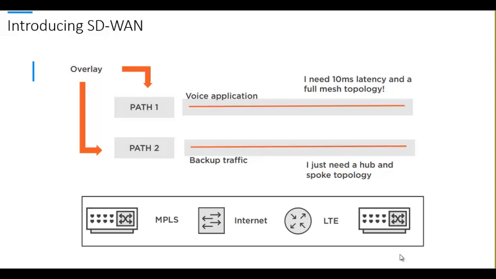So what we see in this picture is before SD-WAN. Before SD-WAN, we used to tie the applications to a link. We even had a lot of overlays before SD-WAN. Traffic engineering with MPLS is an overlay.